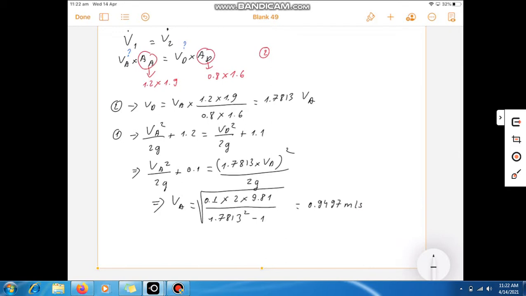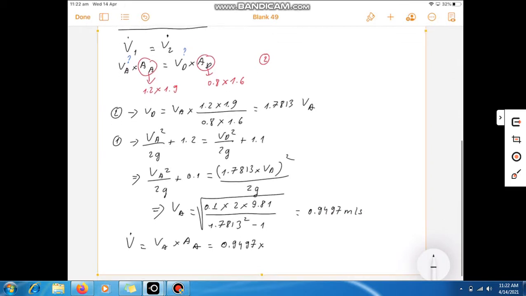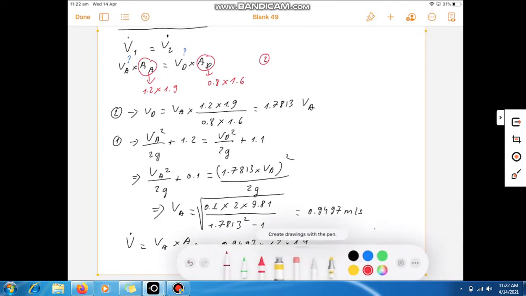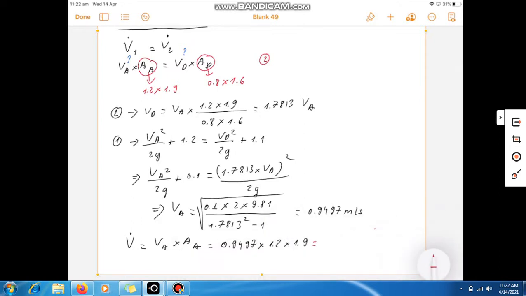When you have velocity, as I said at the beginning of this question, you can find volume flow rate equal to velocity times cross-section area. With velocity 0.9497 and cross-section area A equal to 1.2 times 1.9, the result you have is 2.17 cubic meters per second. This is the volume flow rate of water flowing over the channel.